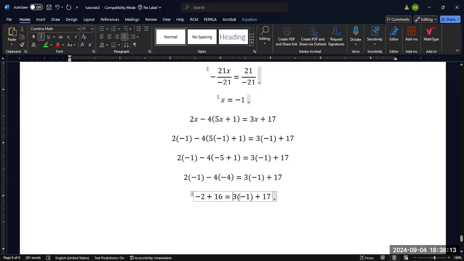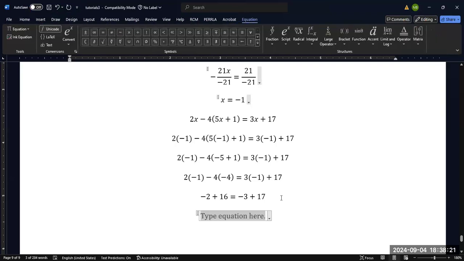And 3 times -1 is going to give me -3. And now if I add both sides of the equation separately, I'm going to get -2 and +16 is going to give me 14, and 17 minus 3 is also going to give me 14. So that solution checks out.